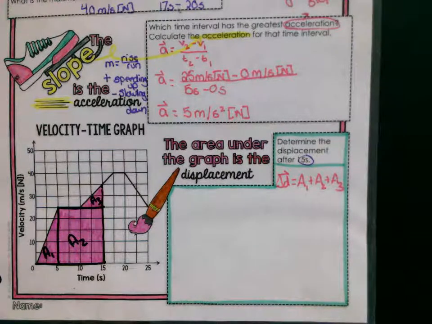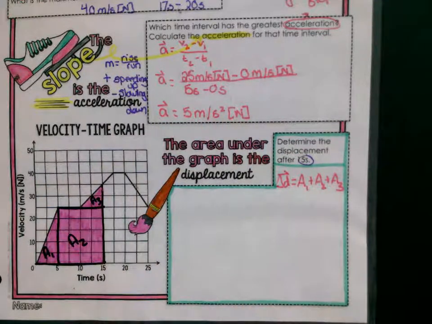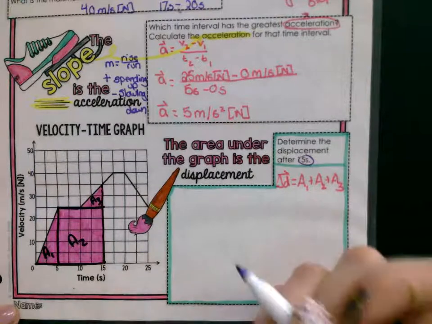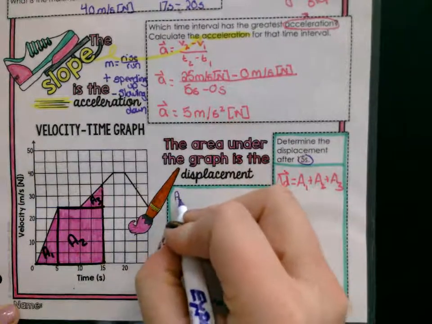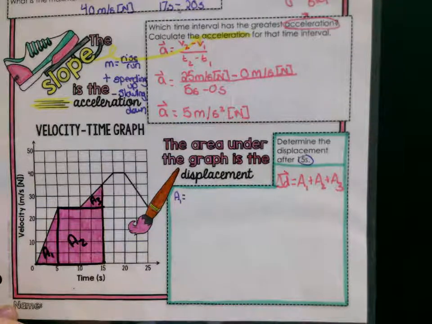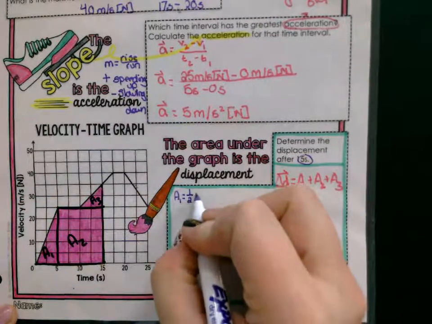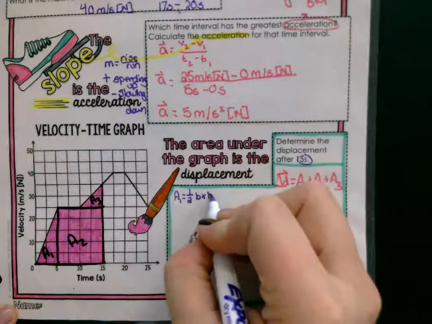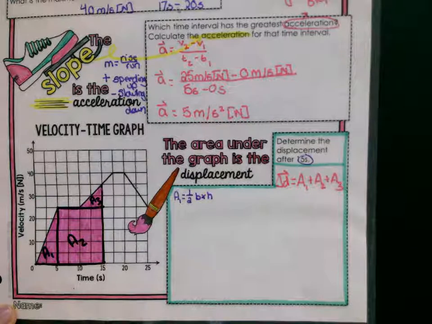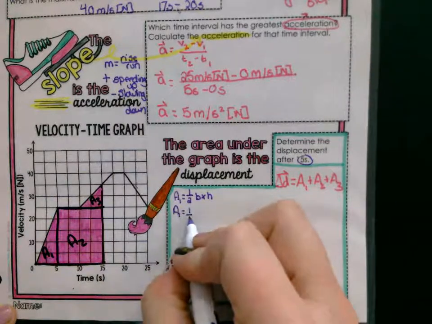All right, so now we need to find the area of each of these shapes so we can add them together. So let's do the area of 1 first. To find the area of a triangle, your formula is 1/2 base times height. So my area of 1 is going to be 1/2.